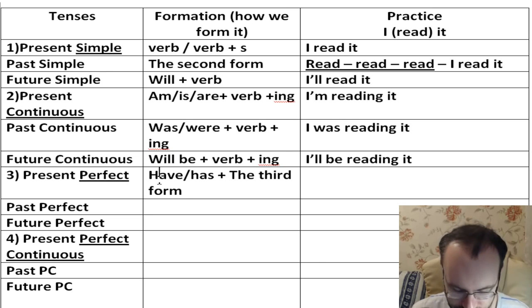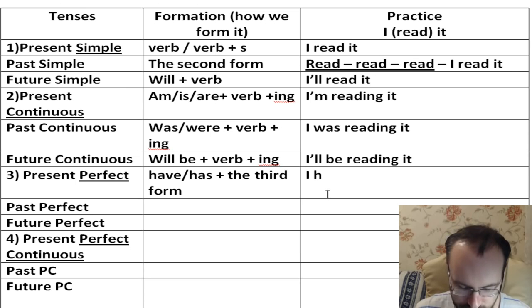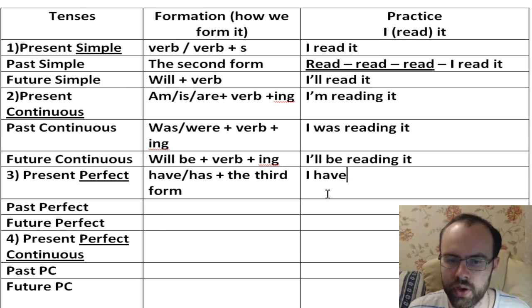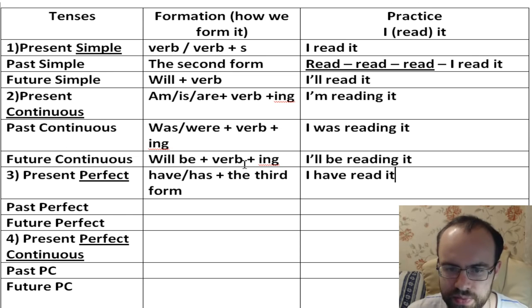You'll say I, we, you, they have; he, she, it has. I have read it. So you choose the third form.